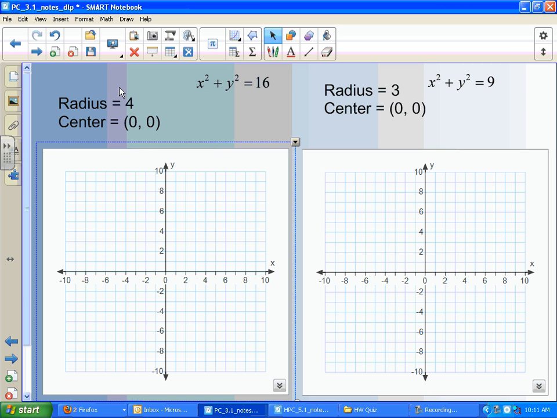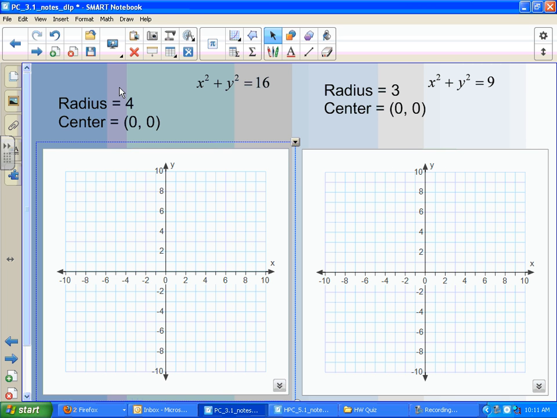Now, what do you think in writing the equation, what might be a common mistake? Okay, yeah, that's true. Some people might put 0 in for x and y, but remember your h and your k is your center point. That's one mistake. What's another one that might happen? That has to do with the radius.